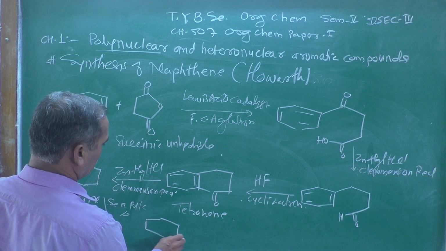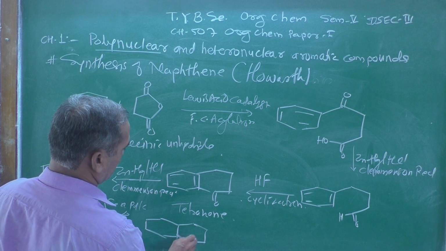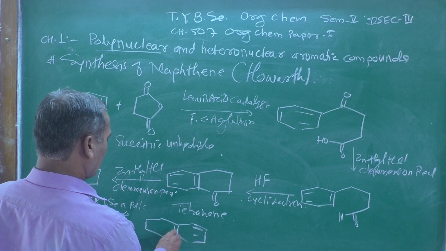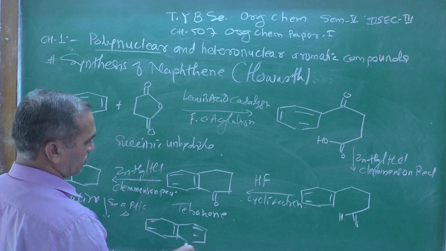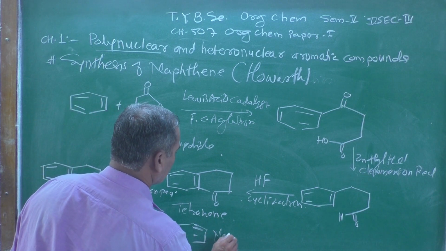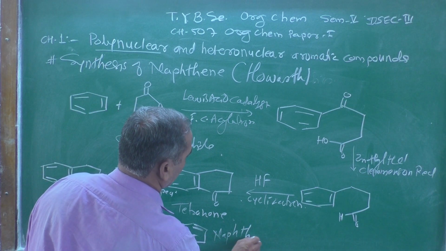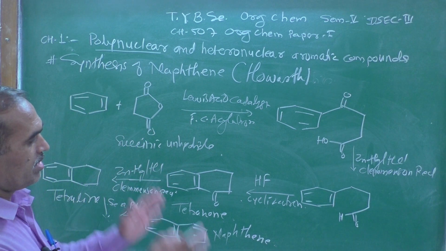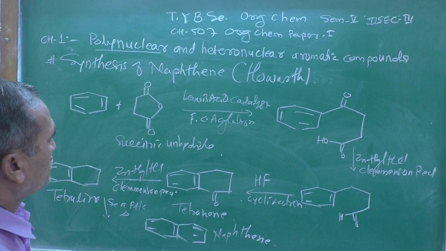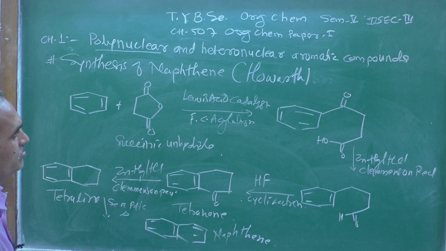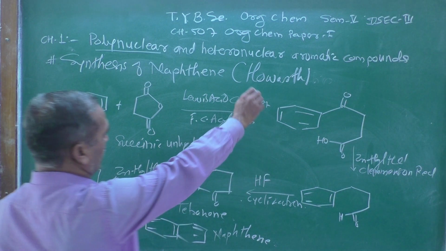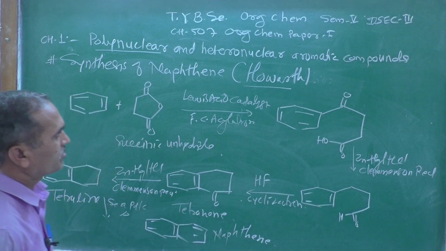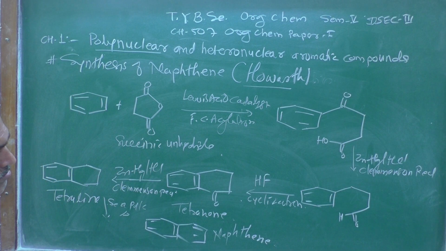Then they got this structure which I have shown, that is nothing but naphthalene. This is the structure of naphthalene. See, this is a very simple synthesis which is given by Haworth the scientist.